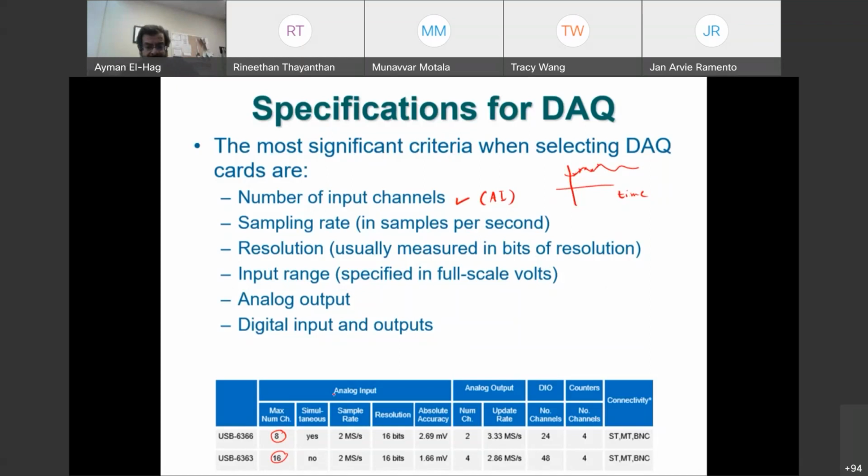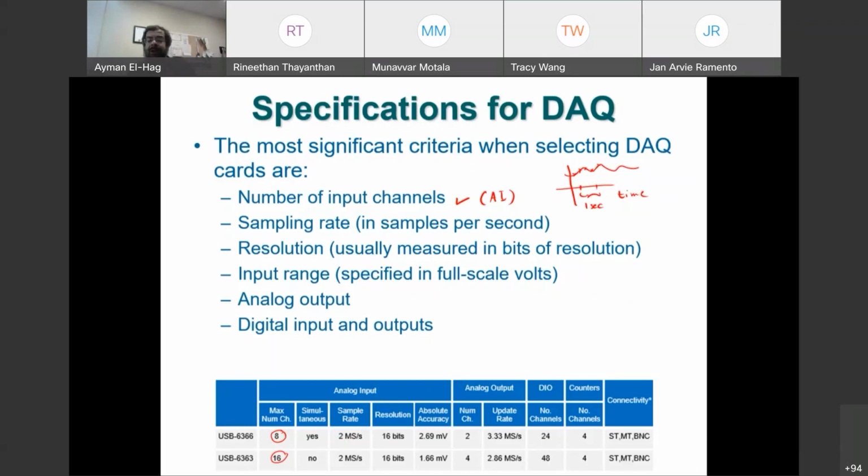So for example, these two cards can take a lot. Their sampling rate is very high. This is the sample rate, 2 million samples per second. So every second, you will take 2 million samples. The question is, do I need that or not?